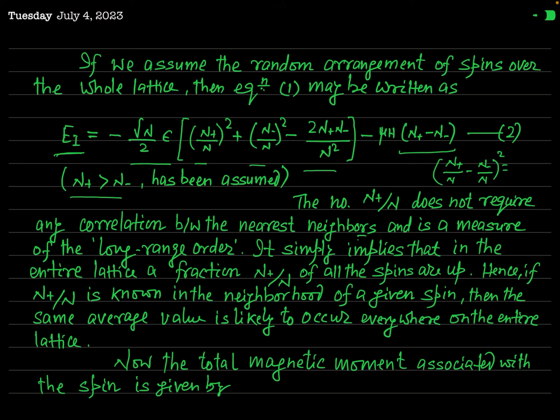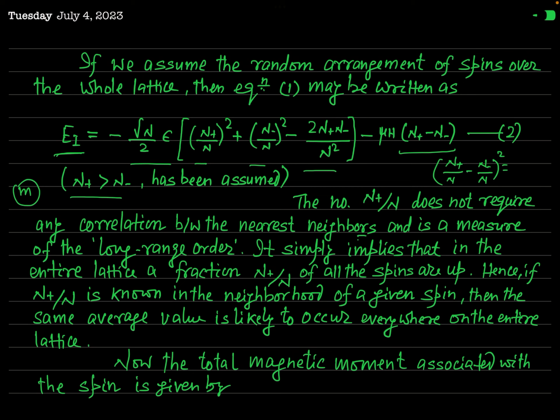Actually, you will see later on that this n plus by n is related to a parameter which is called the long range order parameter, and I will denote it by the symbol small m. In terms of this long range order parameter, we will calculate the different thermodynamic functions.